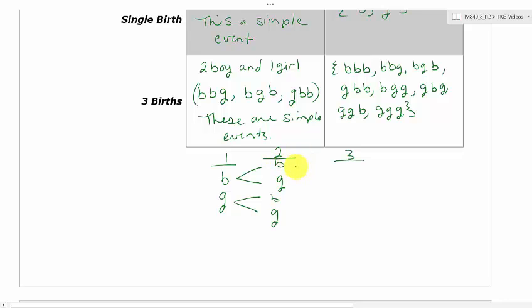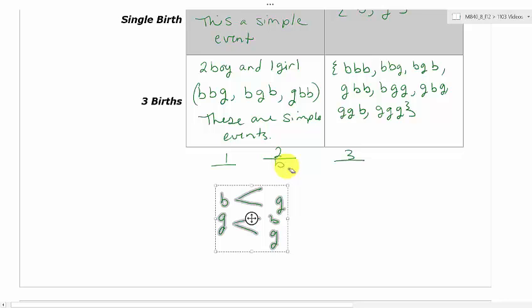So this option could have, let me move this down a little bit here. Otherwise it won't fit. So then from boy, boy, now third child could be either a boy or a girl.